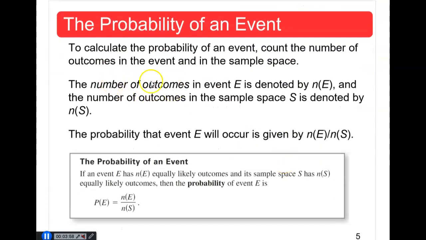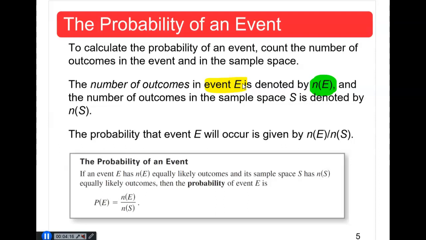For an event, we will use the uppercase letter E, and the number of outcomes of such an event is going to be denoted by n of E, where n is lowercase, for number of.